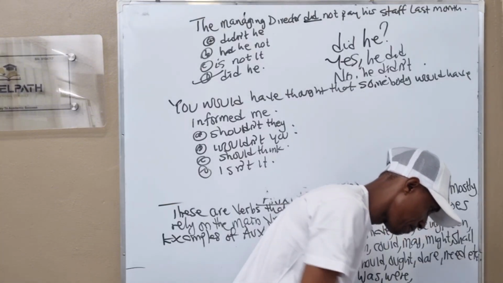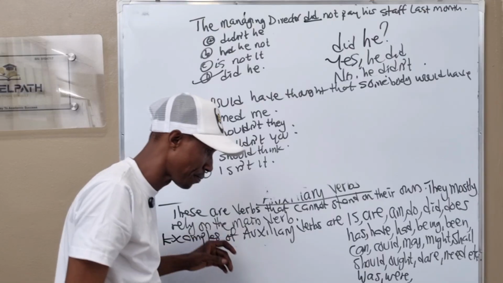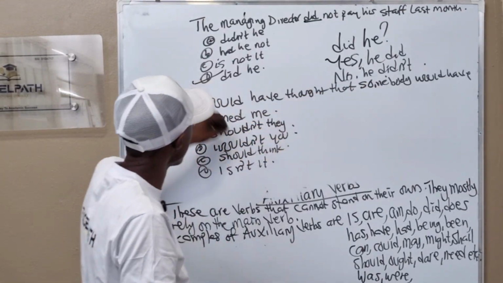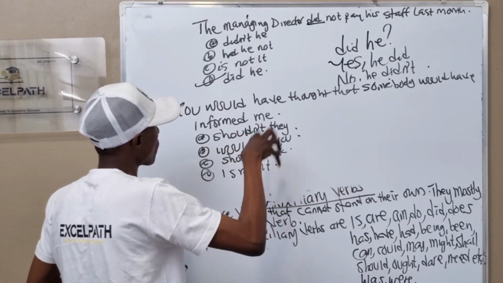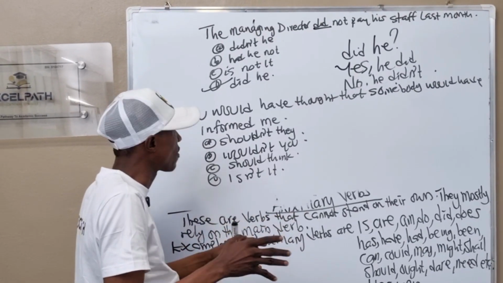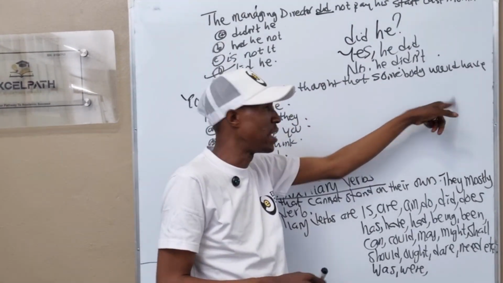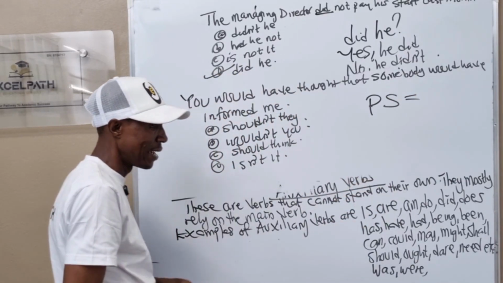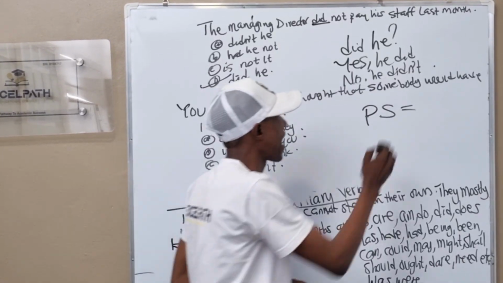Now look at this question that we have on the board here. They said, you would have thought that somebody would have informed me. Is it a positive statement or a negative statement? If you check the question very well, there is no "not" in this statement. So this is a positive statement. And we have been told that a positive statement must go with a negative answer.